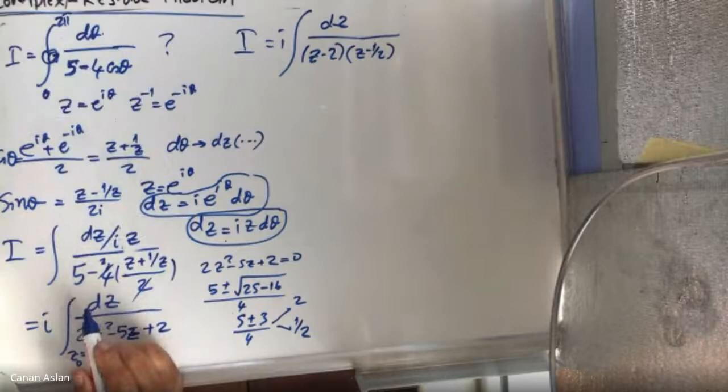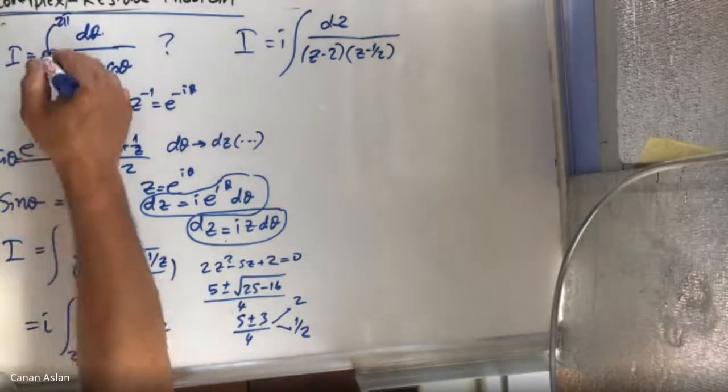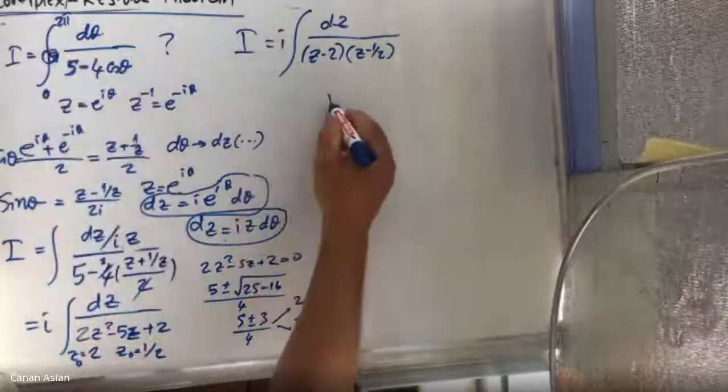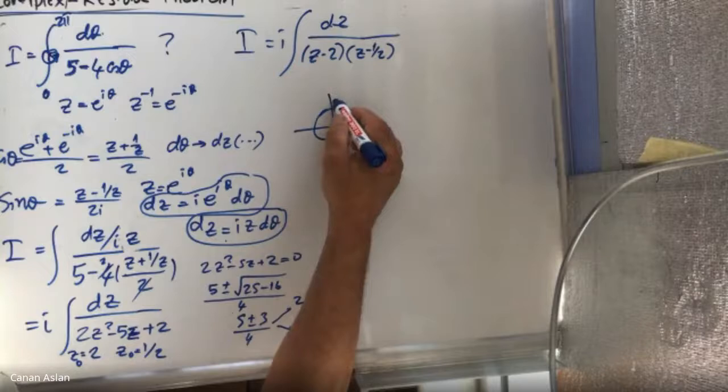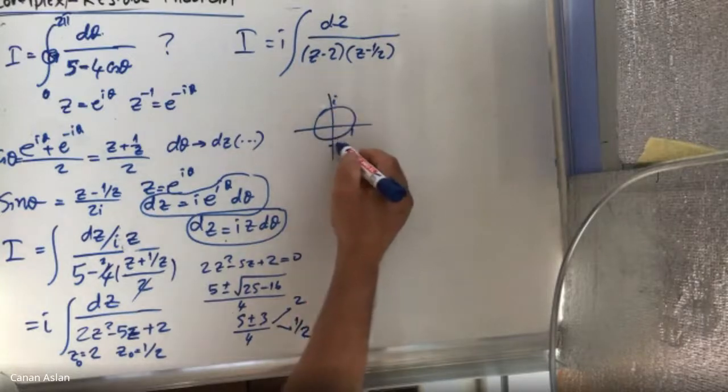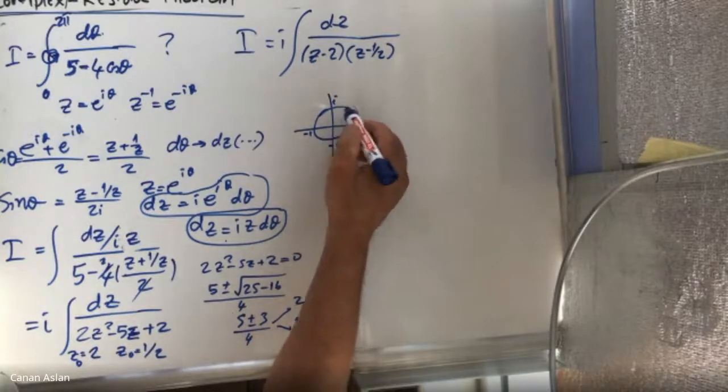The radius is just the unit circle, the radius is just 1. In the complex plane, it's 1 here, i there, minus i and minus 1. So it's the unit circle.